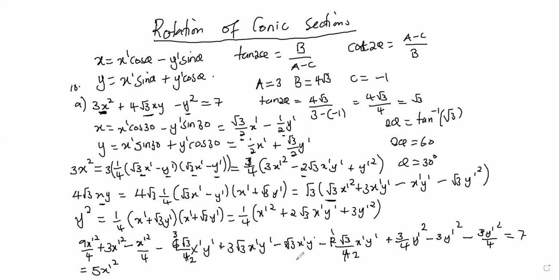So when 2 is the common denominator, we'll have 3 root 3 plus 3 root 3 minus... Isn't this one supposed to be 6 root 3?